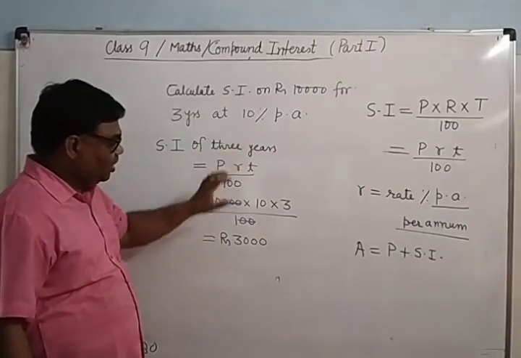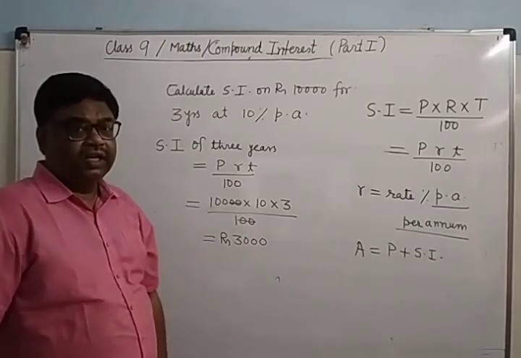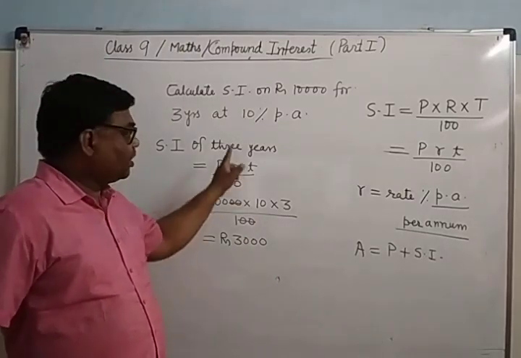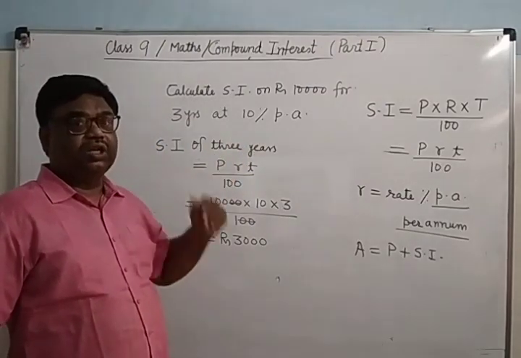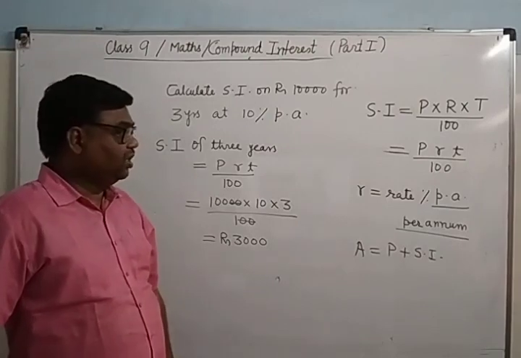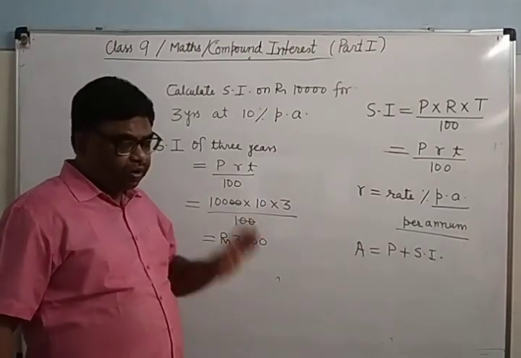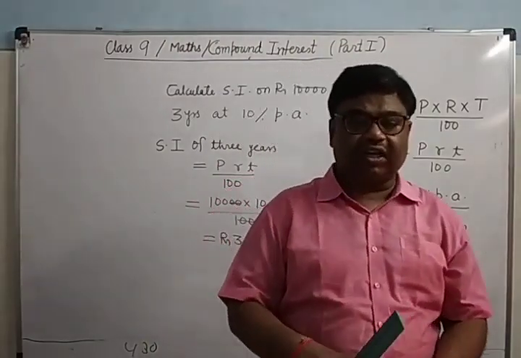SI of 3 years is rupees 3,000, so for 1 year it is 3000 upon 3, which equals 1000. It's clear? This is about simple interest, which you have already done in previous classes.